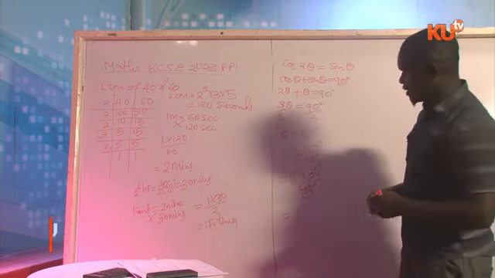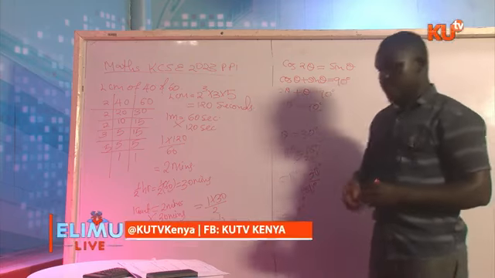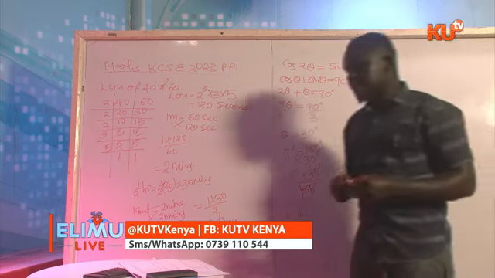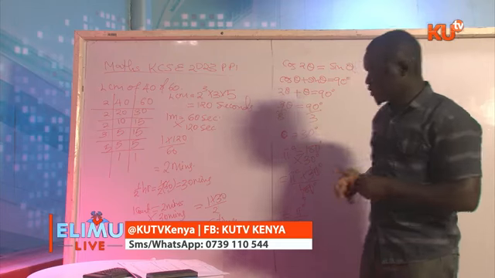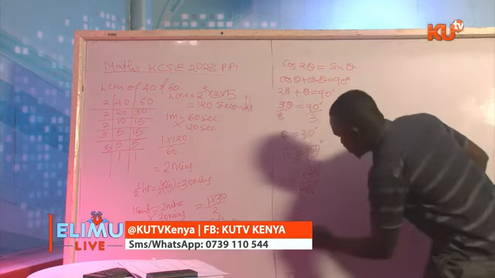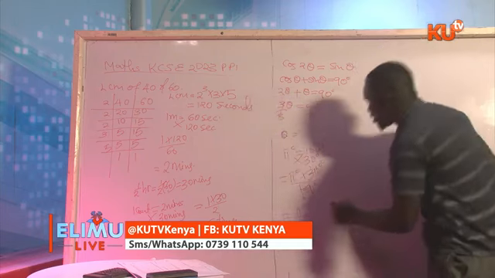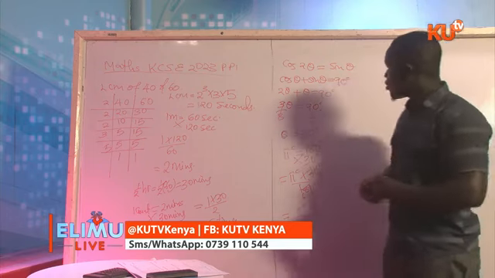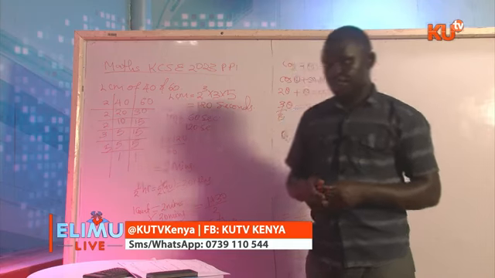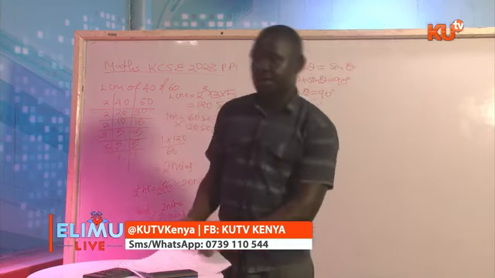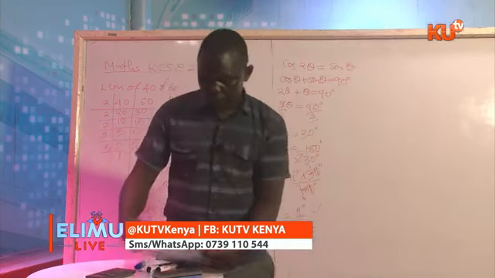That should be your answer because it is in the range 0 to pi radians over 4. So that is how you are to do that question number 6, dear student.